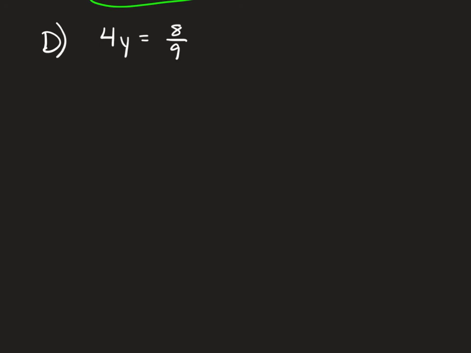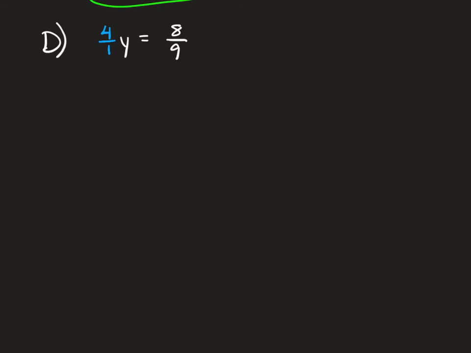D part, we have 4 times y equal 8/9. I could divide both sides by 4, but then I'm dealing with dividing with a fraction. So I'm just going to multiply by the reciprocal of 4. Now I could rewrite 4 as 4/1. It's the same thing.